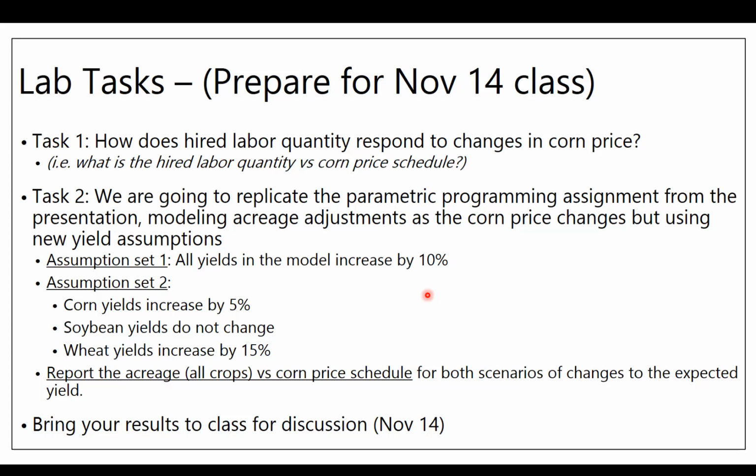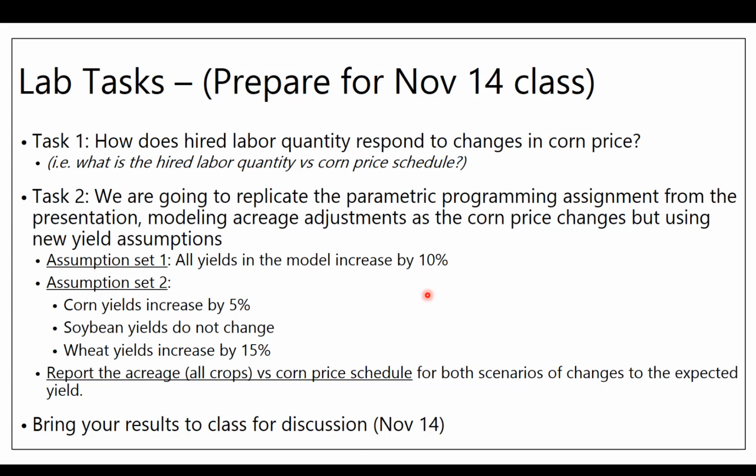So you can just look at the solution that we just generated that's already in the code, or that will run with the code you have, and look at what a labor supply schedule, or labor demand schedule, would look like relative to the corn price. Do we ever hire labor? That's what that's asking. And when do we do it? What price of corn will cause us to do that?